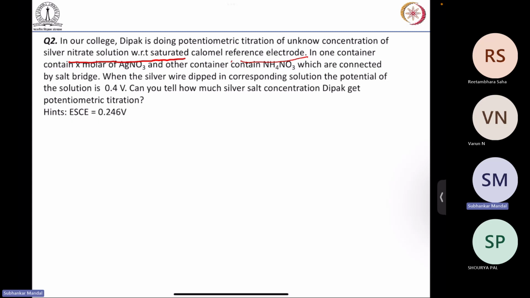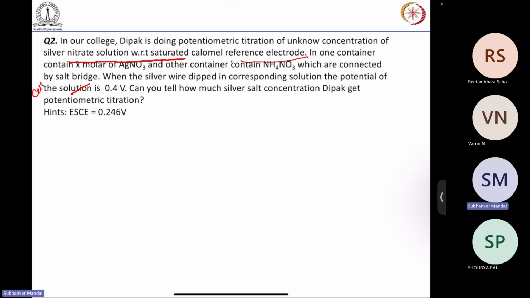Now, when the silver wire is dipped in the corresponding solution, the potential of the cell is 0.4 volt. That is not solution, that will be cell. Can you tell how much is the silver salt concentration?